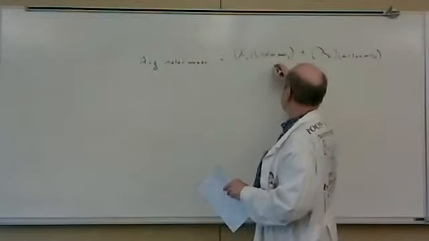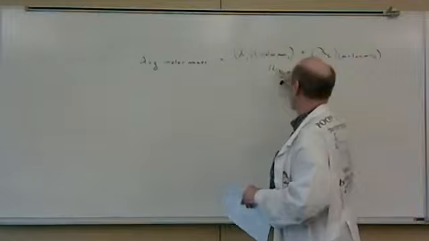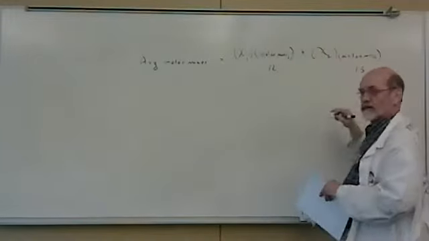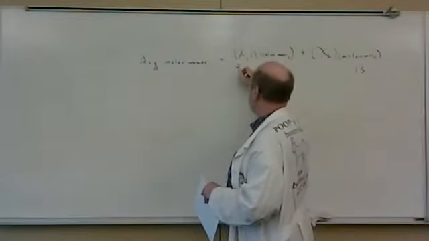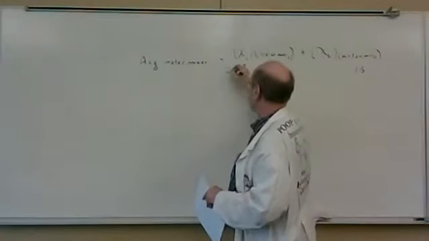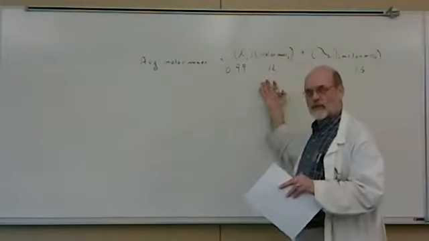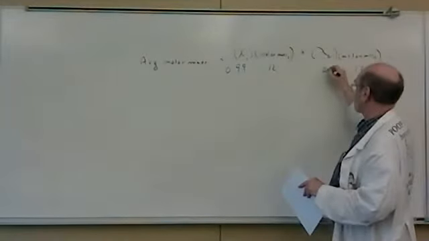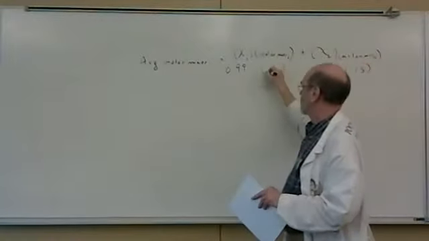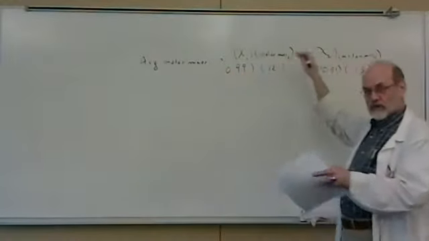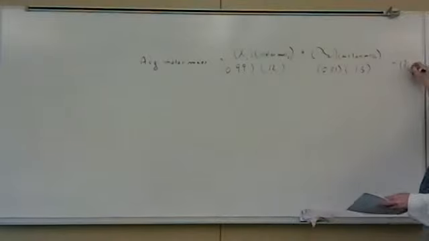If we say the molar mass of one isotope of carbon is 12 and the other is 13, and 0.99 is carbon 12, I'm just making this up, and the rest of it is carbon 13, right? Then you do those together, and you end up with 12.01. Okay, everybody remember that?